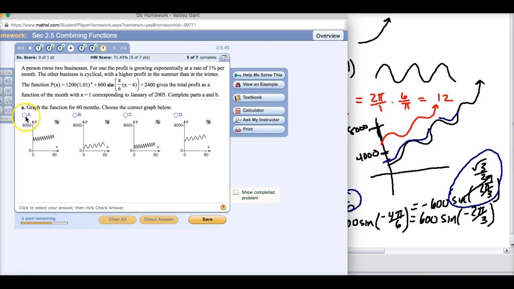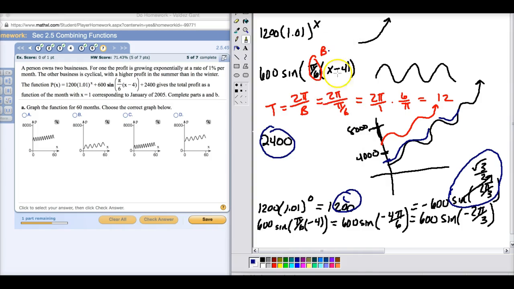So A and C would not be it. So we have to choose in between B and D. Now, from what we see here, we know that it has to be at least 3,600 because of the 1,200 here plus the 2,400 for the vertical shift.